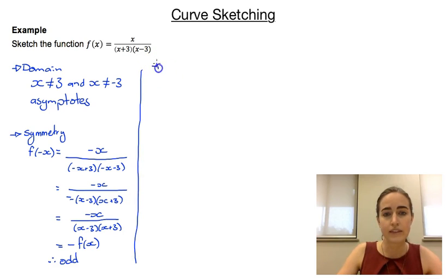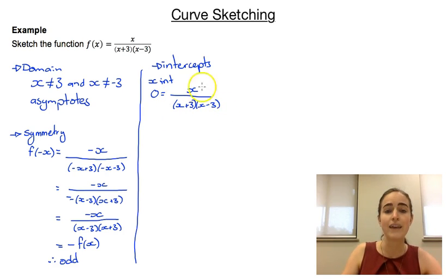All right, next let's find our intercepts. So to find our x-intercept, we're going to set y or f of x equal to 0. So we're going to have 0 equals x over (x plus 3)(x minus 3). And the only way that that can be 0 is if our numerator is 0.